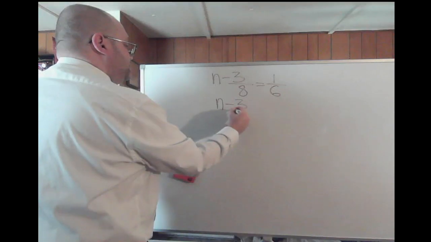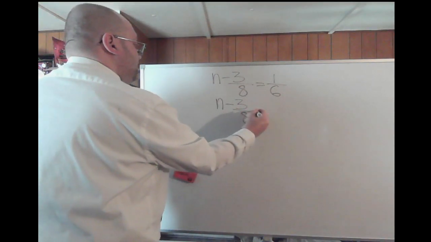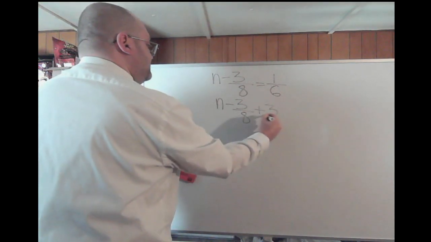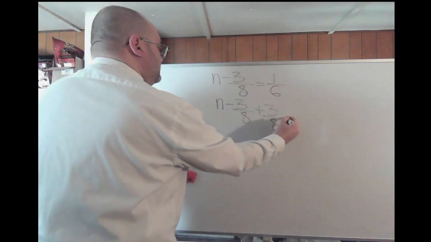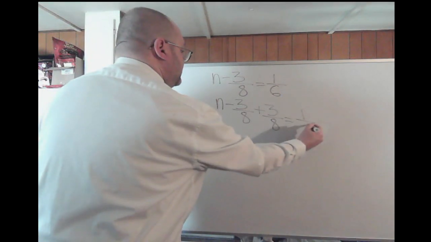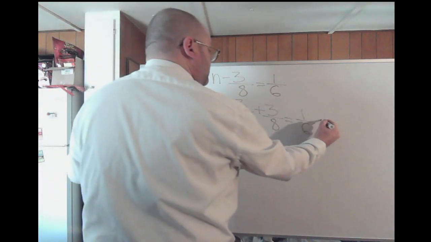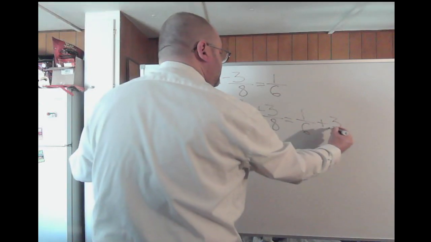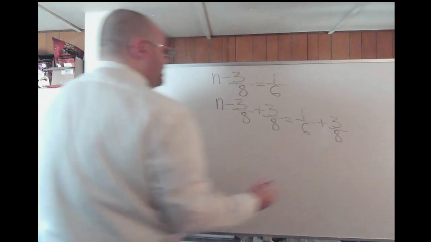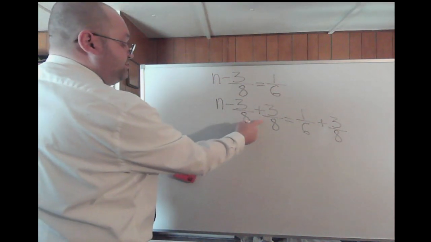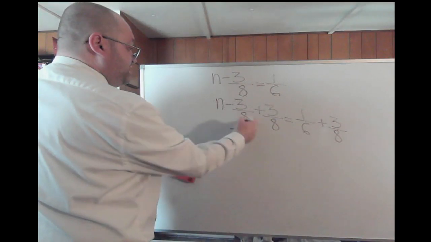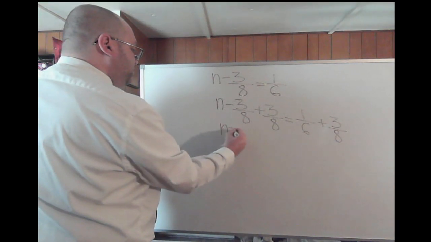So n minus 3/8 plus 3/8 equals 1/6 plus 3/8. All right, so you have negative 3/8 plus positive 3/8. That means that goes to 0. n is now by itself.